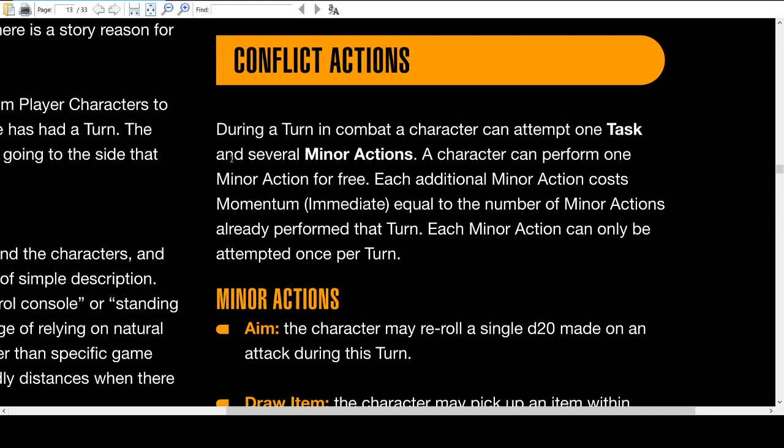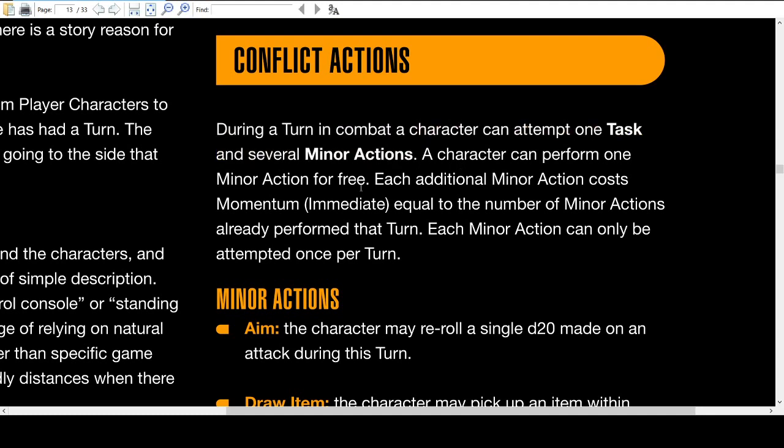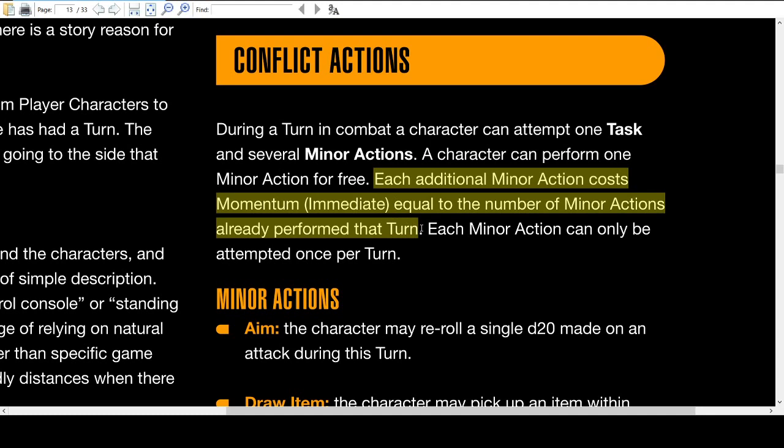First of all, what a character can do within a turn is 1 task and several minor actions. However, there's a restriction that only the first minor action is free. Each additional minor action costs momentum equal to the number of minor actions performed that turn.